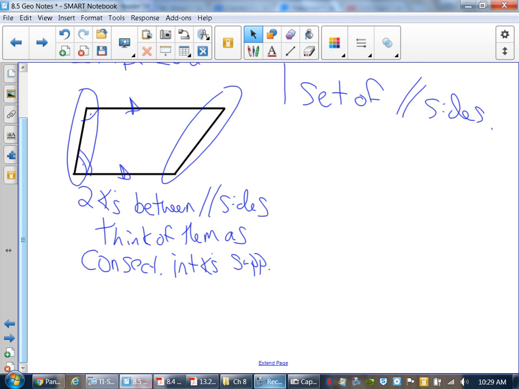It's still got 4 sides, so it's still going to have 4 angles, so it's still going to add up to 360. That idea still happens. Does that make sense? This can happen where you get one side being perpendicular. It's not a big deal. The other side might not be, but you still just have the one set of parallel sides.